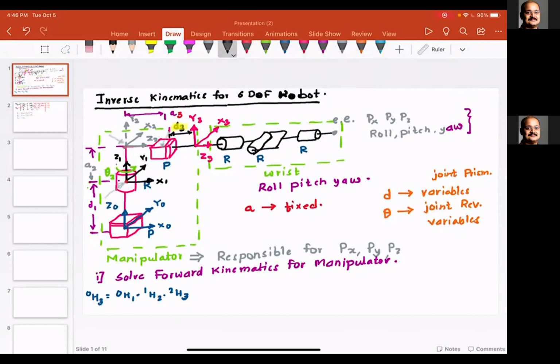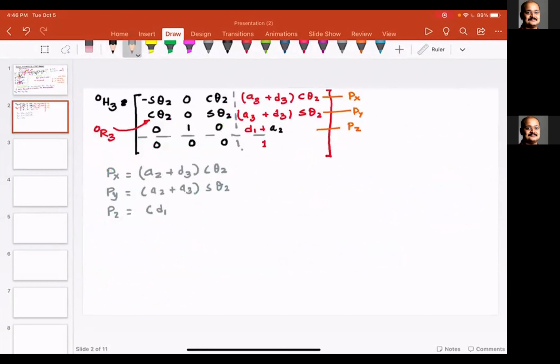D1 plus A2 is the distance, the Z distance from the base of the frame. And then you have the X distance and the Y distance, given over here. Let me make this correction real quick. So this is A3 plus D3, A3 plus D3, and the last one is D1 plus A2.